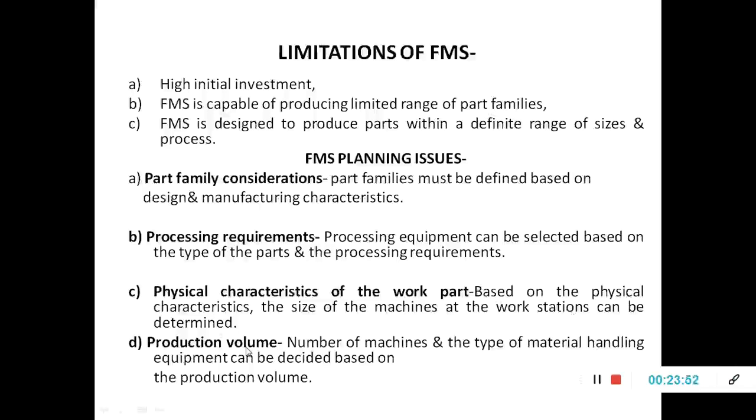Depending on the quantity of production, the number of machines and the material handling system are selected. Whether it is batch production or mass production, depending on that, how many machines and which type of material handling system is to be used is decided. So these are the four important FMS planning issues.